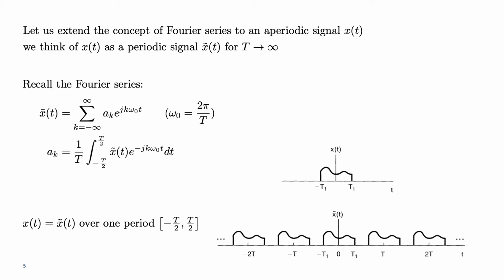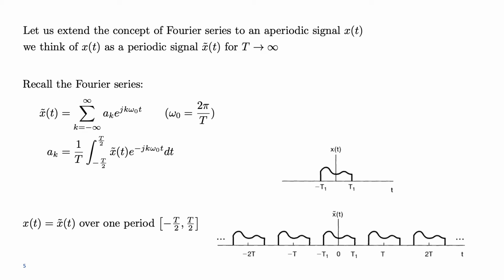Now let's recall the Fourier series that we saw in the previous class. The signal x tilde of t is periodic, so we can represent it with a Fourier series as we already did. The Fourier series is the sum over k of ak, which are the coefficients, times e to the jk omega 0 t.